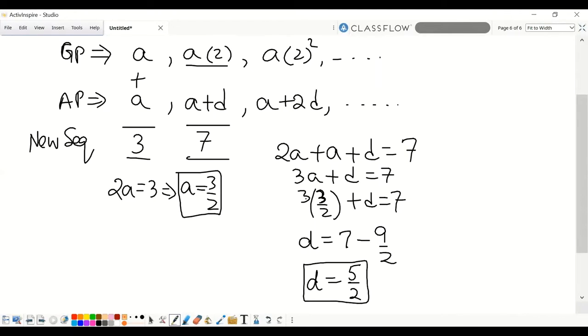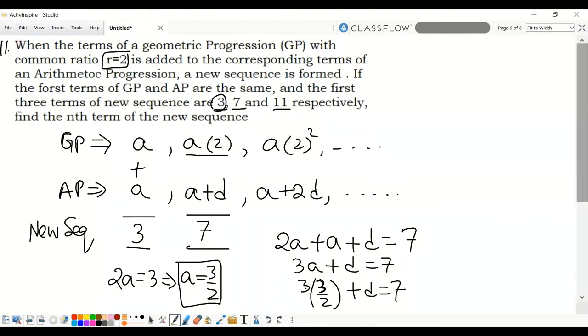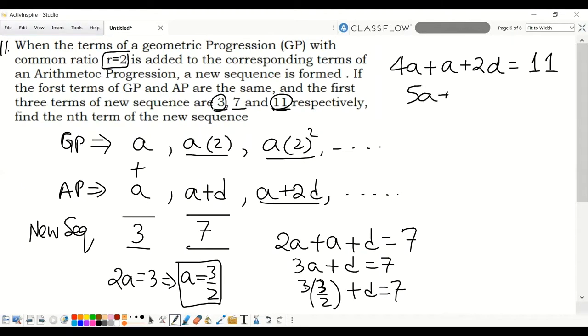Let's confirm with the third number. They have given us the third also. There was no need, but they have given it, maybe they want us to check if our answers are correct. So we will do 4a plus a plus 2d equal to 11, so 5a plus 2d equal to 11.